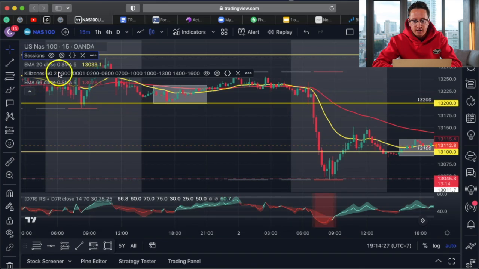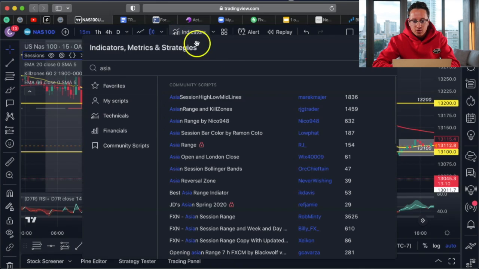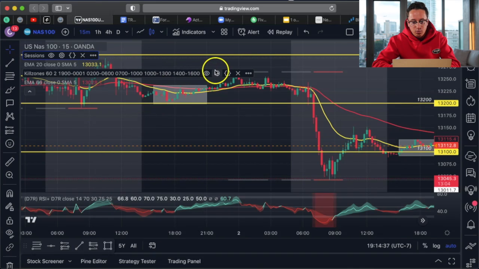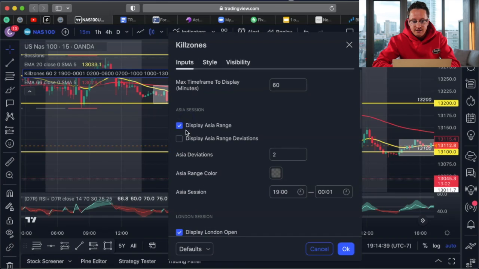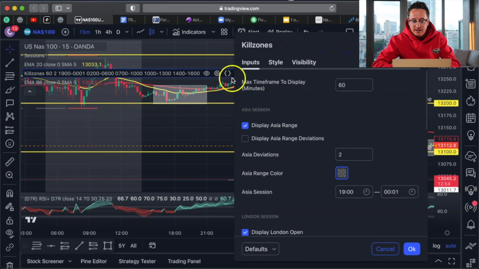Next one is going to be our kill zones indicator. If we go to indicators and type in Asia, we're going to get the Asia range and kill zones right here. This is what we're going to be focused on, the Asia range. The Asia range color, you can make it white. I have it at 30%, and we can see that it is right here on my chart.